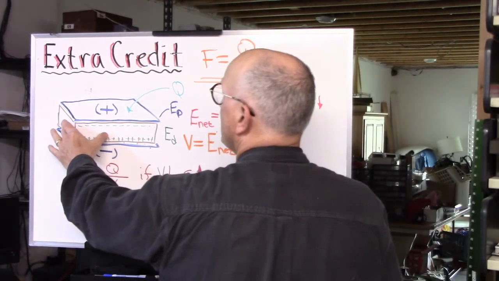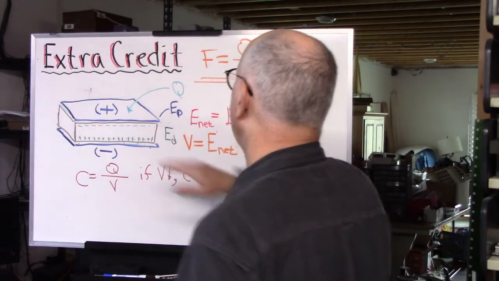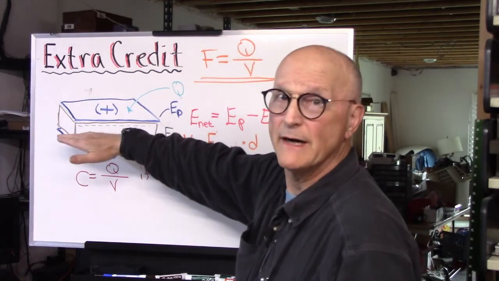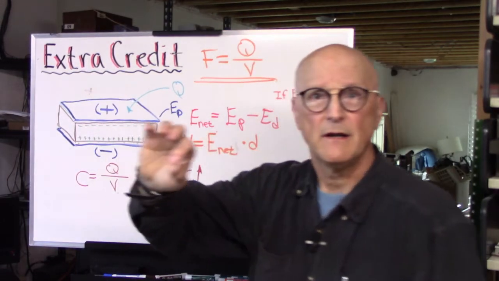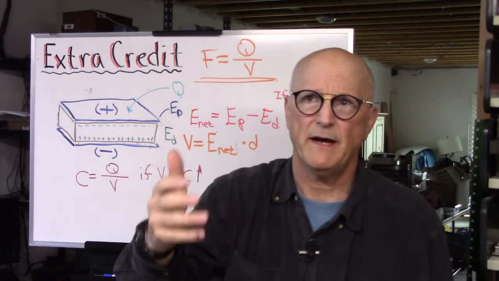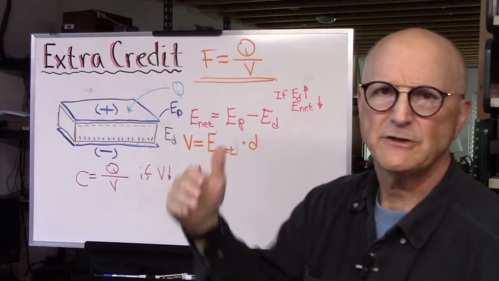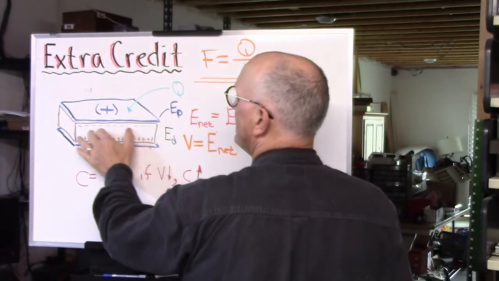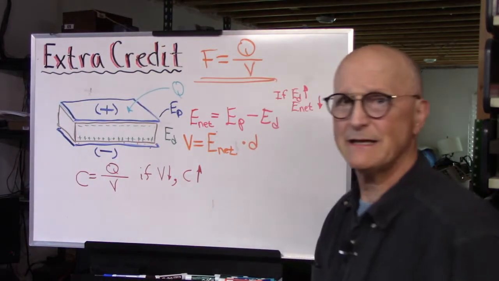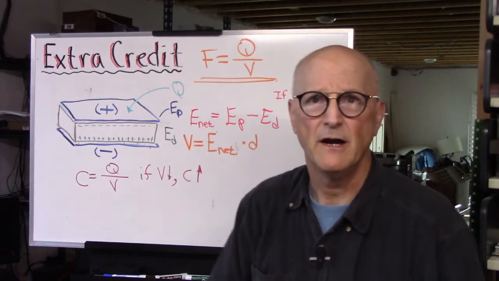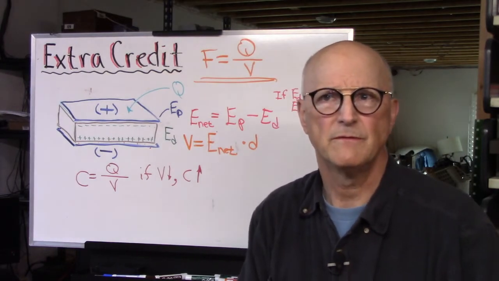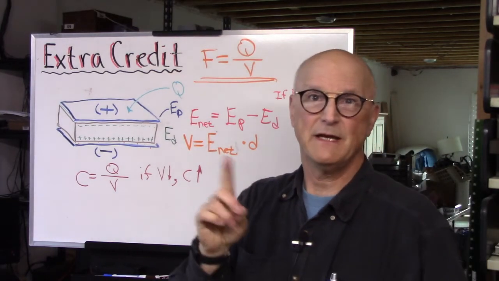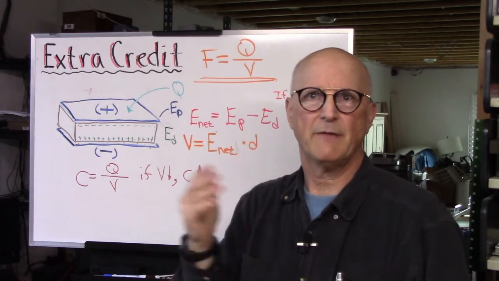We put our dielectric in there and it polarizes because remember, like charges repel, unlike charges attract. Now, the electrons, the charges in this dielectric, because this is an insulator, are not free to move. But that doesn't mean that the material can't polarize.